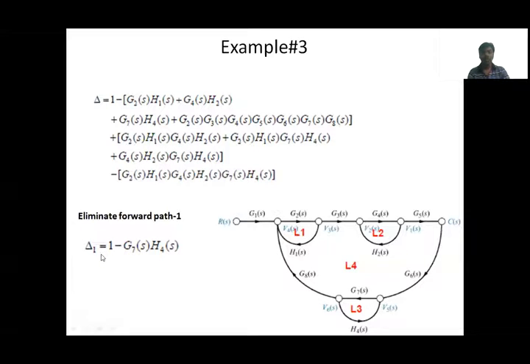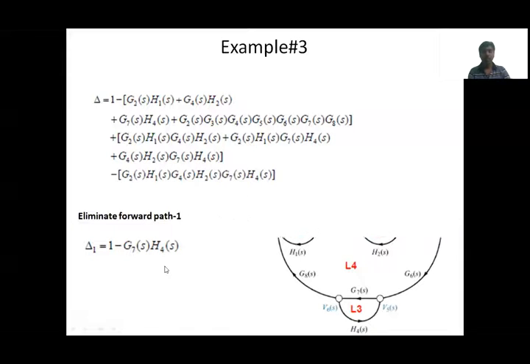Next, delta 1. Since we have only one forward path, we can find only one delta 1. That is, after removing this first forward path, does any loop exist? After removing it, we have one loop that exists, that is L3. Therefore, delta 1 is 1 minus the L3 loop gain.